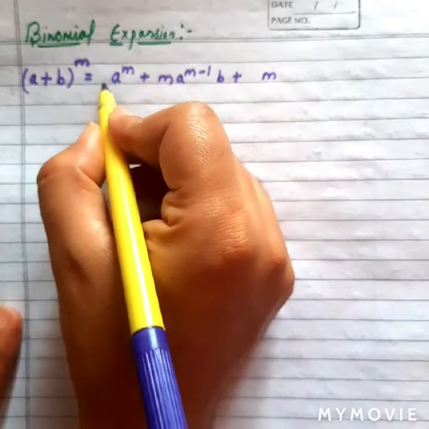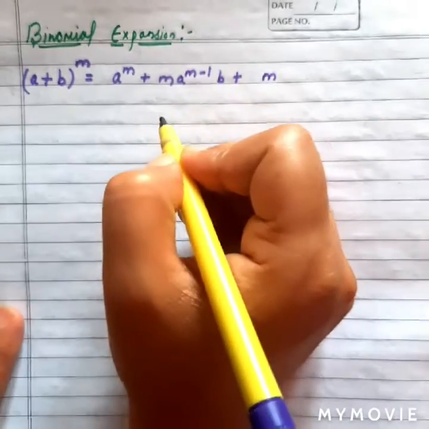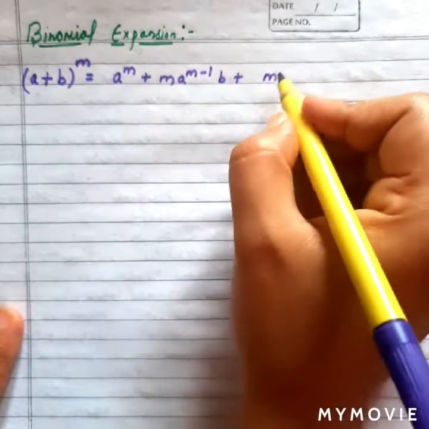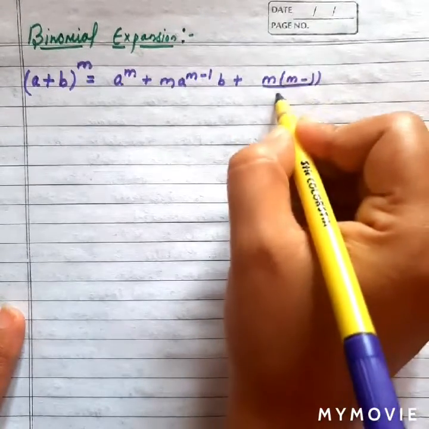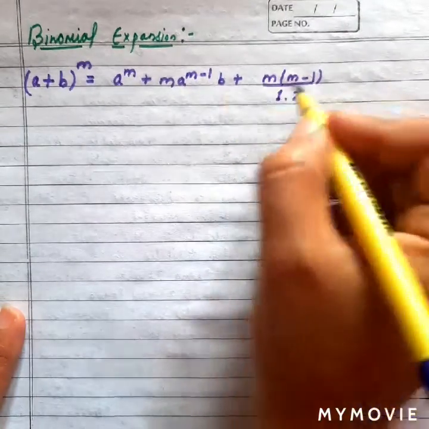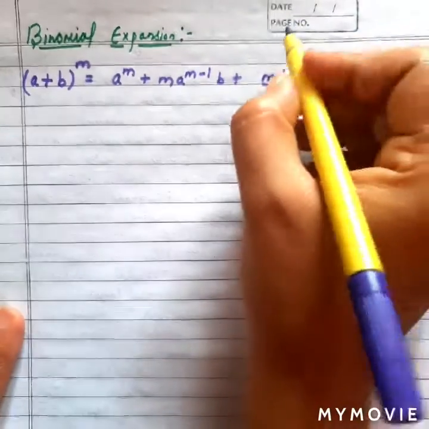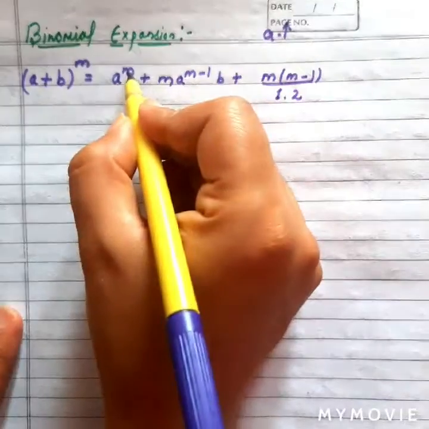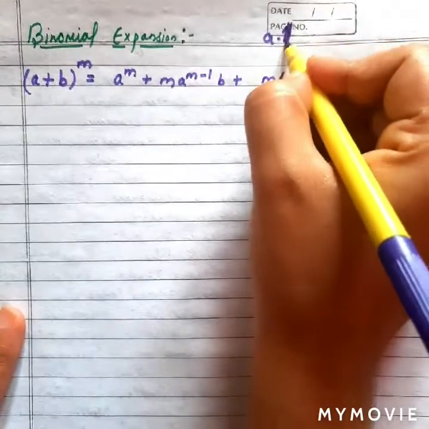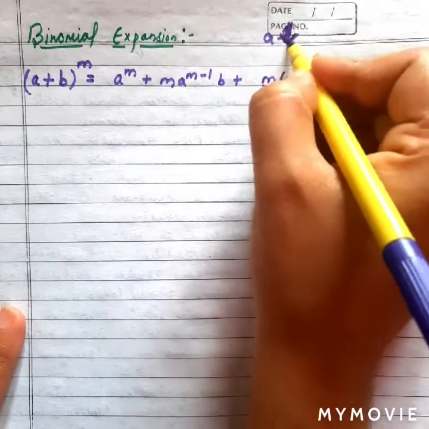First of all, mC0 is 1, mC1 is m, mC2 is m(m-1) upon 1 into 2. The power of a is increasing, right? So it is the power of a that is decreasing, my bad.